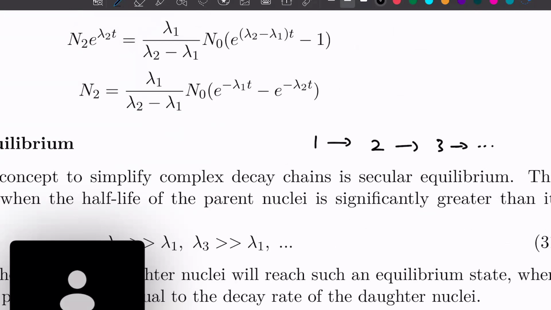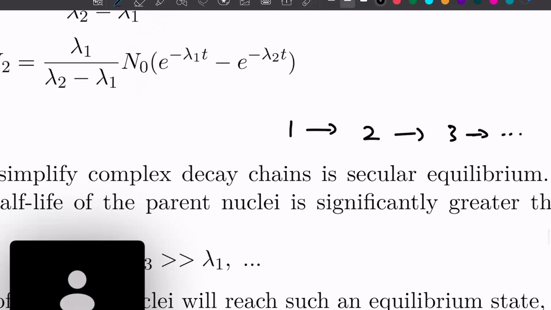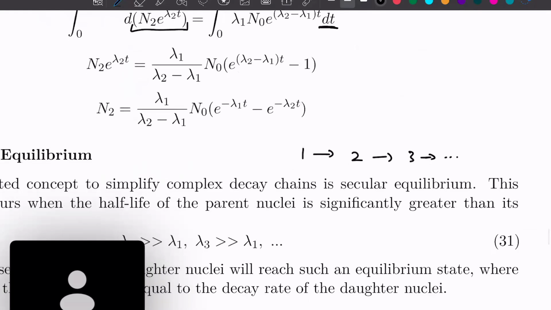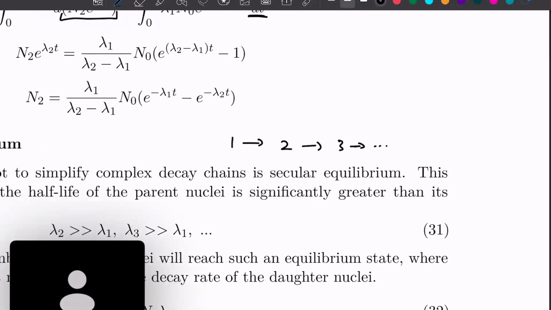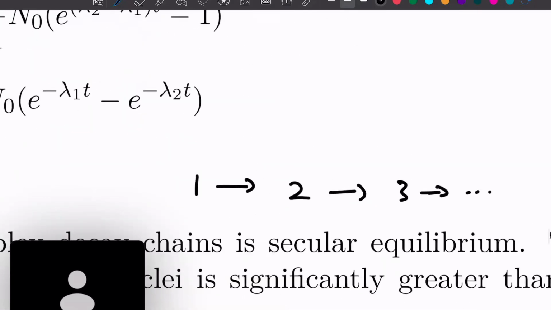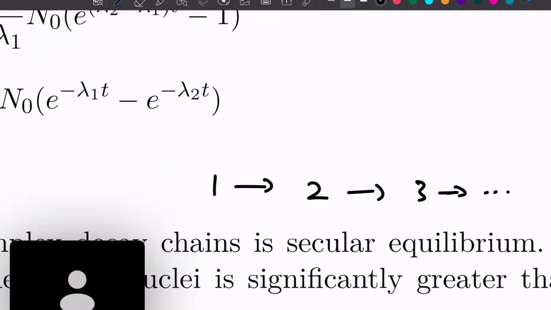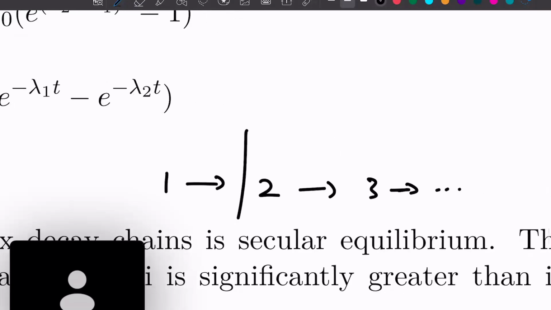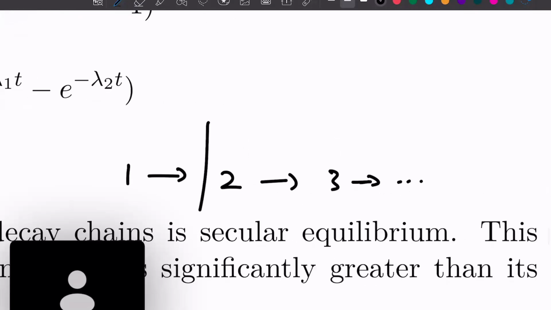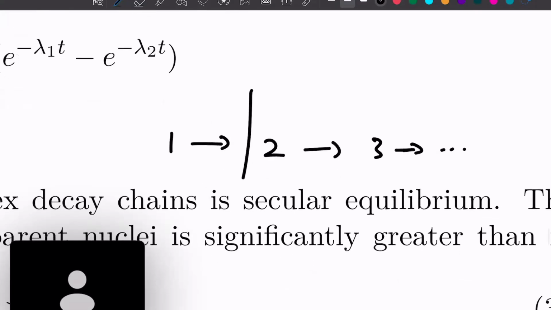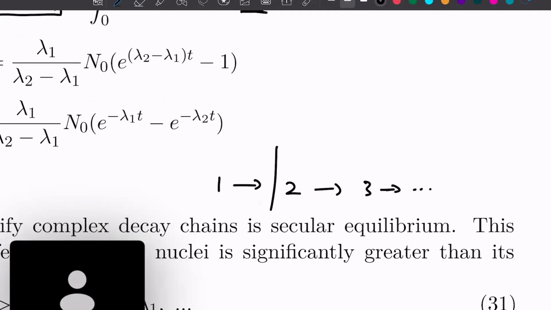In the case that your nuclide 1 decays very, very slowly, compared to all the other ones, your parent nuclide is very slow in decay compared to your daughter nuclides. The daughter nuclides instantly decay. In the time scale of your parent nuclide's decay rate, your daughter nuclides are much faster.